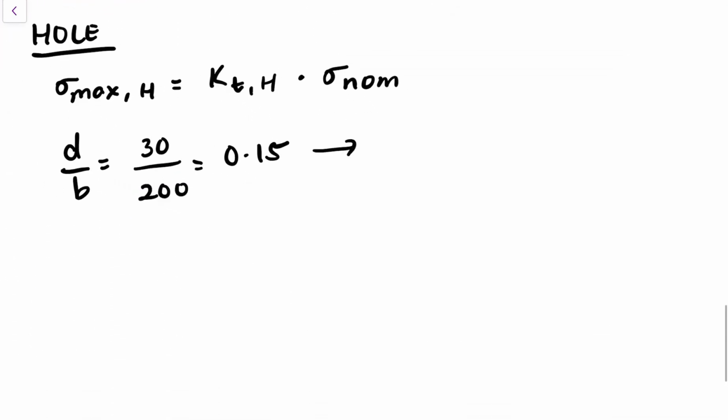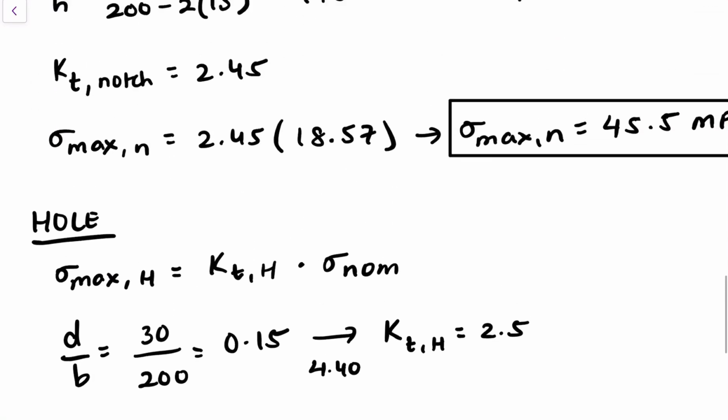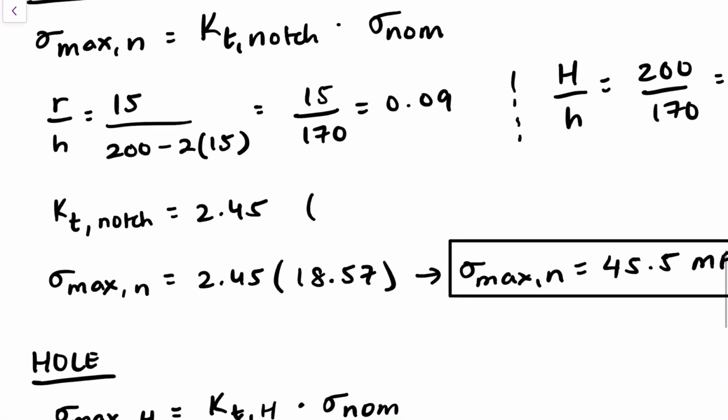So d over b gives us the KT of the hole equal to 2.5. And again, this is figure 4.40, and this was figure 4.39.